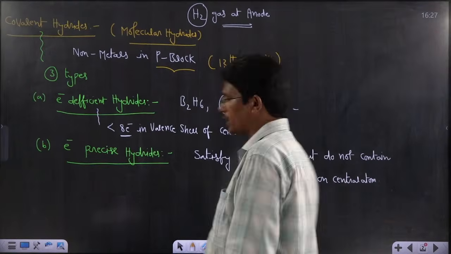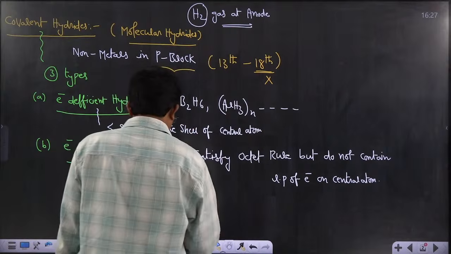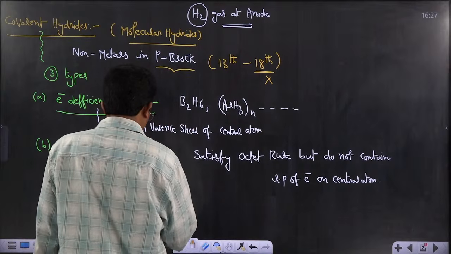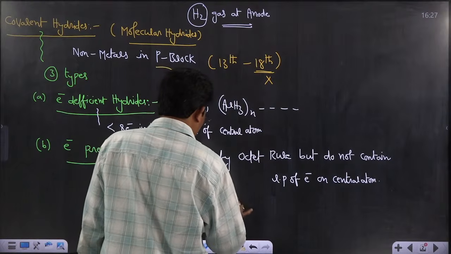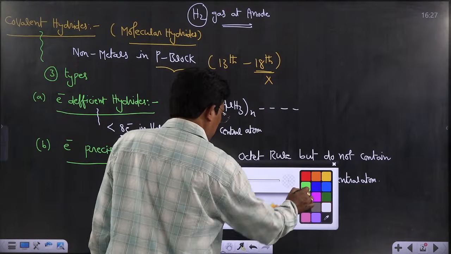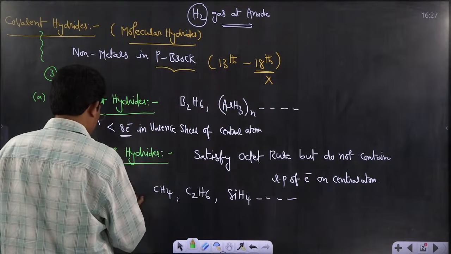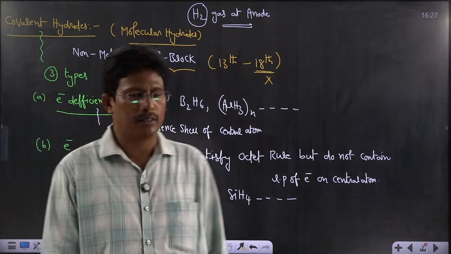Give example for electron precise hydrides. 14th group elements. Methane, CH4, C2H6, ethane, SiH4, etc. Here examples are important. These are electron precise hydrides.